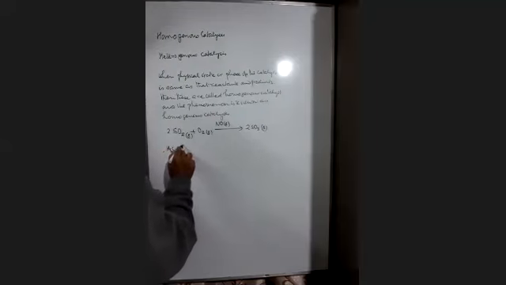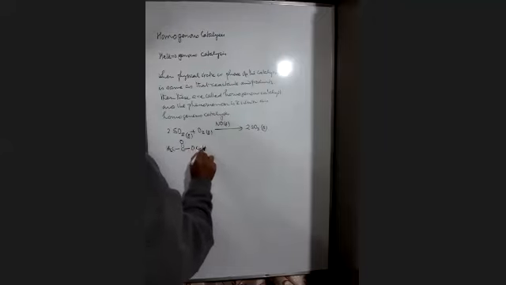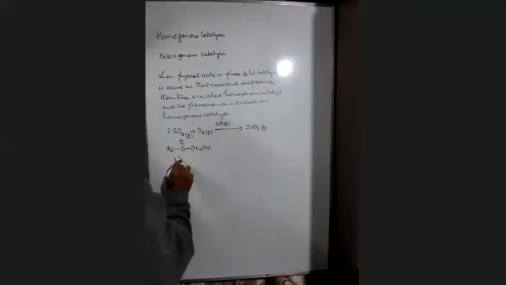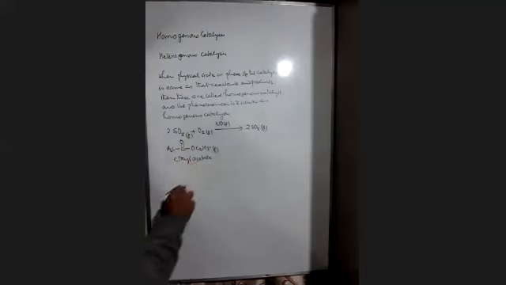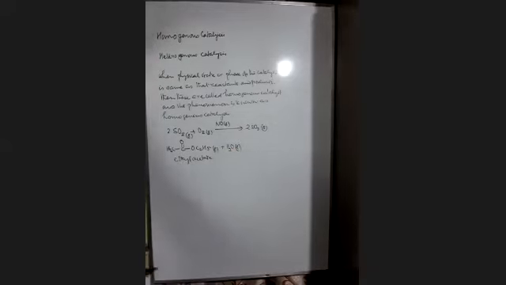Now let us go for another example. This is called hydrolysis of esters. Suppose I have taken ethyl acetate here. It is liquid, and here we are taking water as a reagent as well as a solvent.